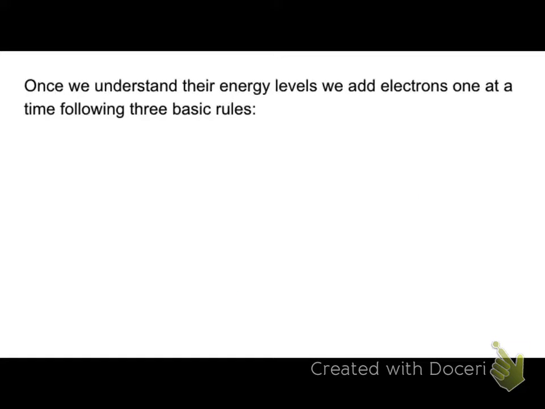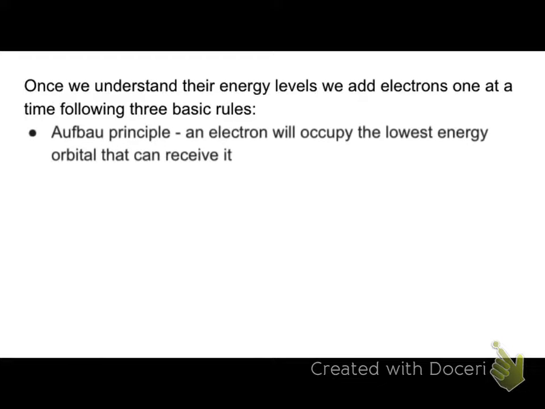Now let's talk about the basic rules for the order in which electrons fill orbitals. Some of these will be very familiar, and some of them will just give you a little more information, okay? The first one is called the Aufbau principle, which is what we have just talked about: an electron will always occupy the lowest energy orbital that can receive it.